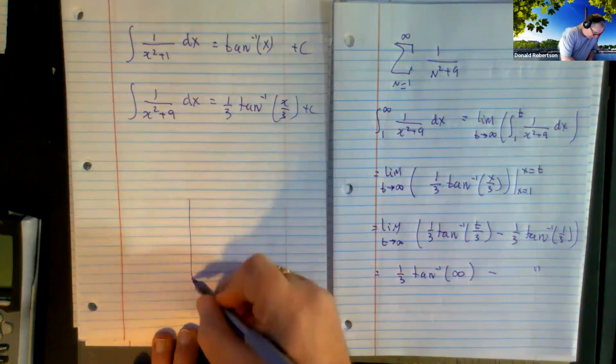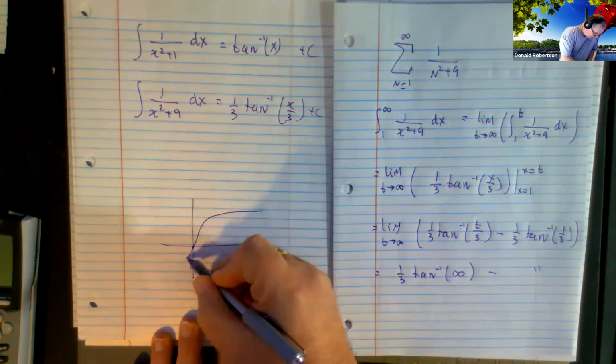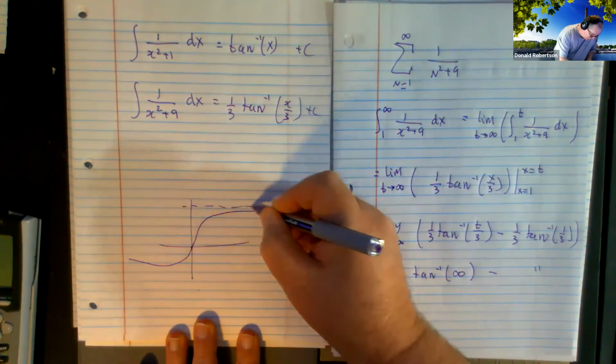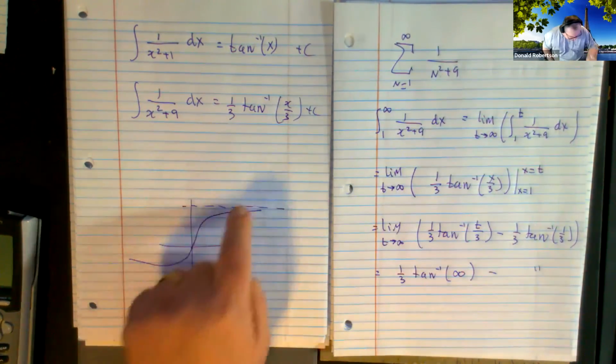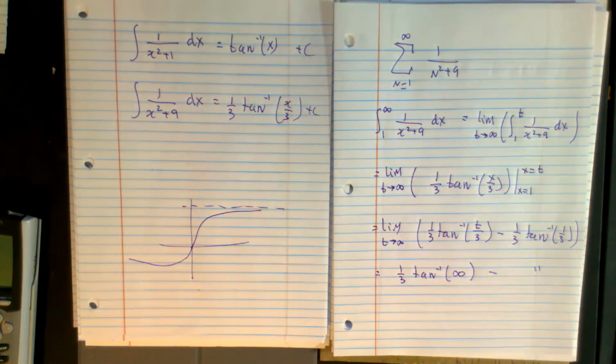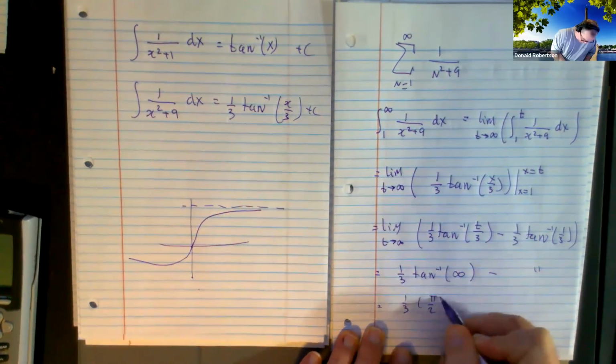If you sketch the inverse tan function, it looks like that. It actually has a horizontal tangent line. It levels off at something. What number is the inverse tan of infinity? Pi divided by 2. Great, so it's 1/3 pi upon 2.